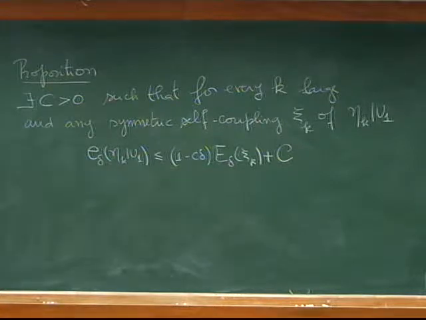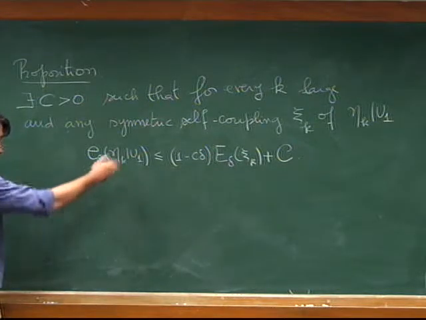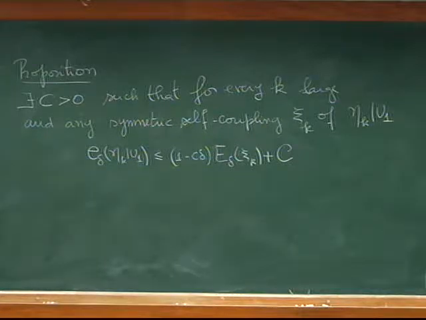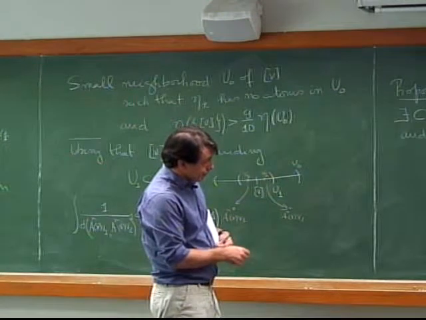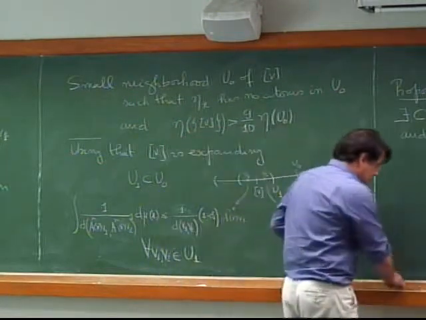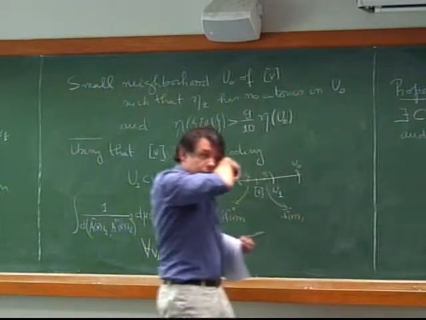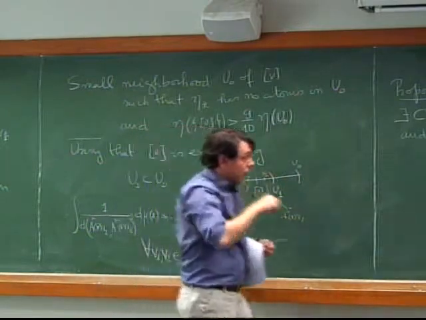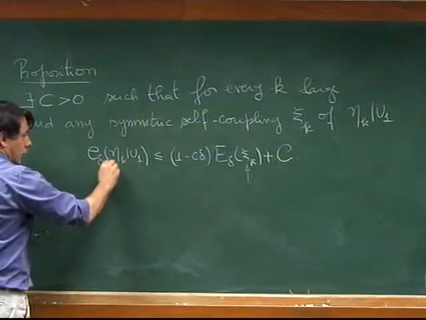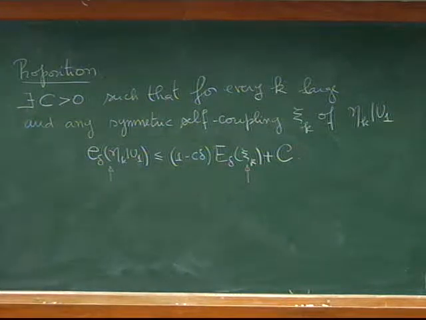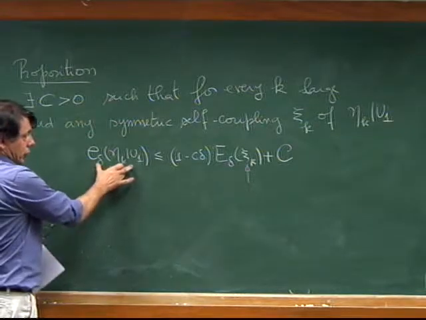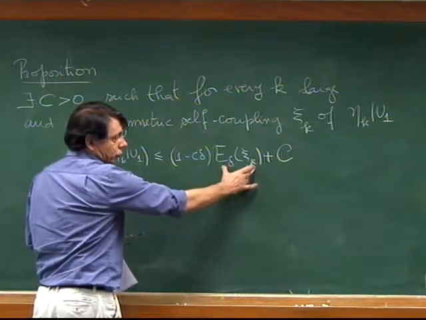Okay? So I already started proving this last time without stating it. Maybe that was a little bit confusing. What this is saying is that you give me any self-coupling of this measure, and I'm able to get another, an optimal self-coupling, whose energy is much smaller than this one.